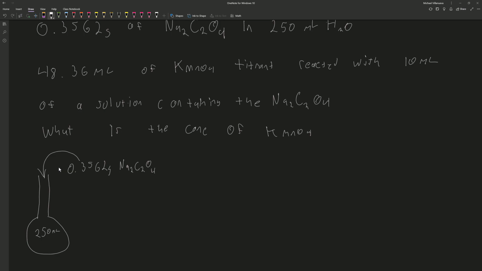So I added that to this flask right here. Let's see, what did I do next? I then essentially mixed this up, and I took into an Erlenmeyer ten milliliters. So I put 10 milliliters of this stuff into here.